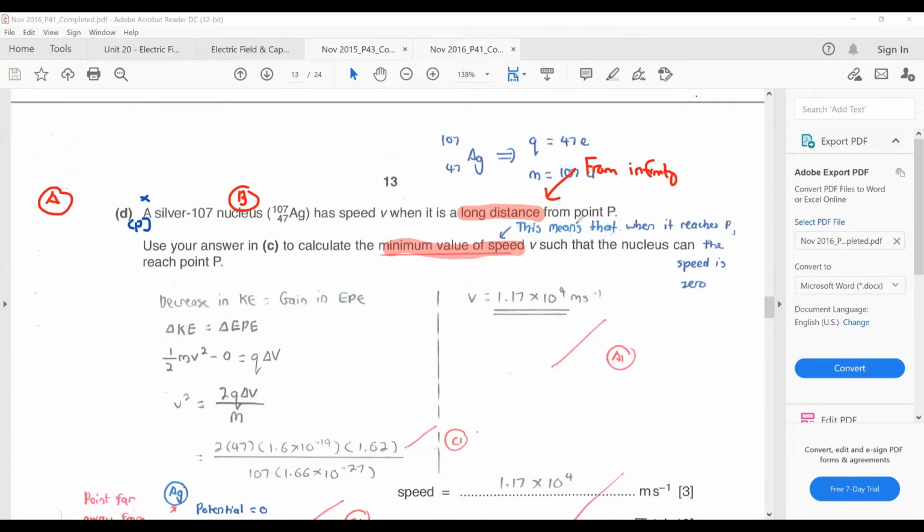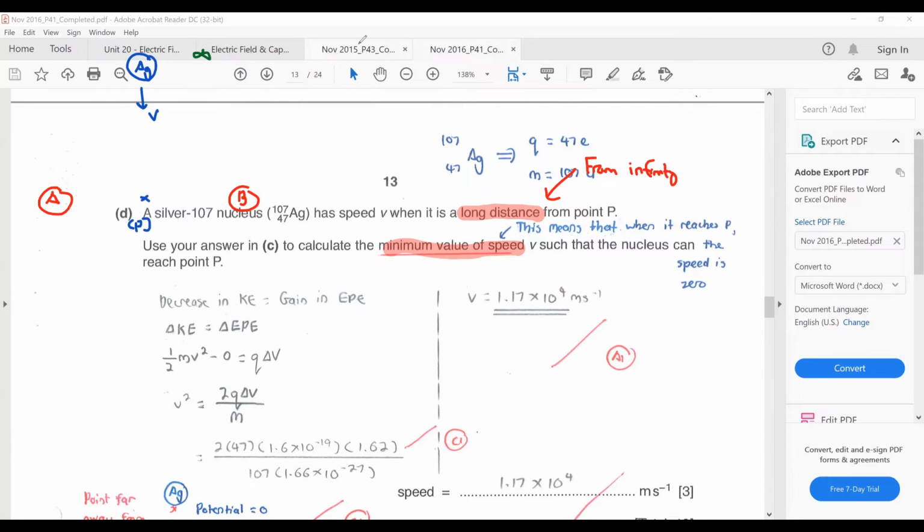You have your argentum nucleus that you're launching from infinity towards point P. A long distance away from point P means it's from infinity. So you have your argentum nucleus like this, moving with speed v, from infinity.